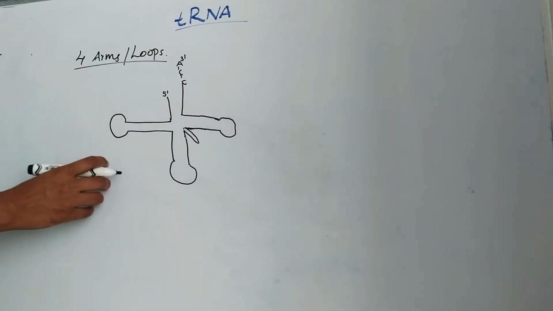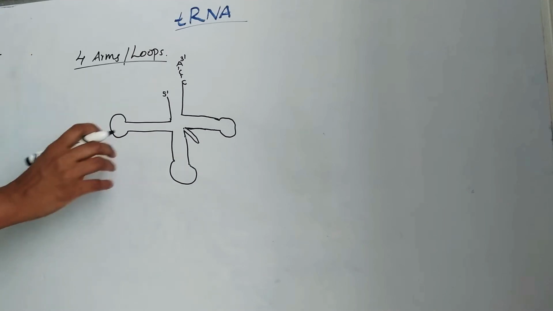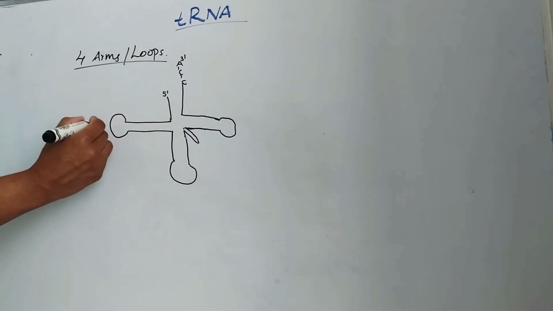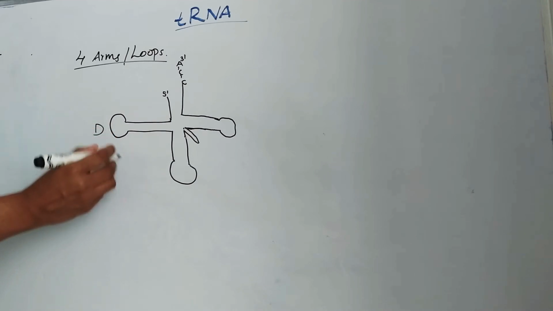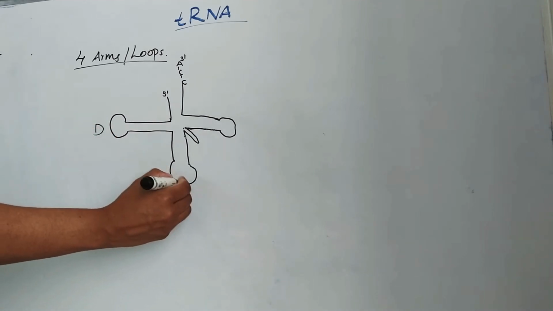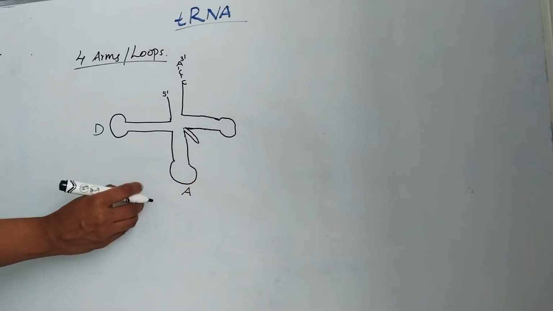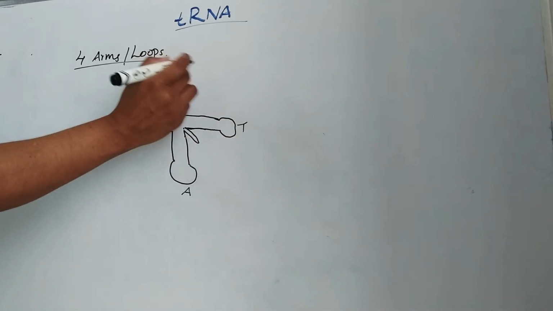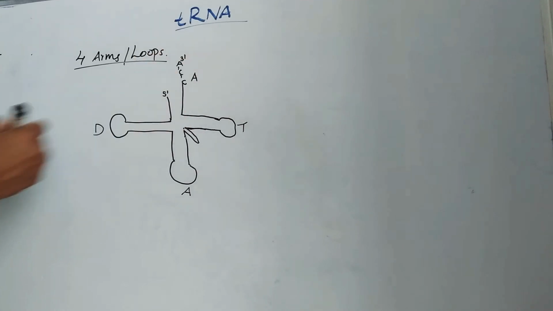That is the D arm, the anticodon arm, the T arm, and the acceptor arm.